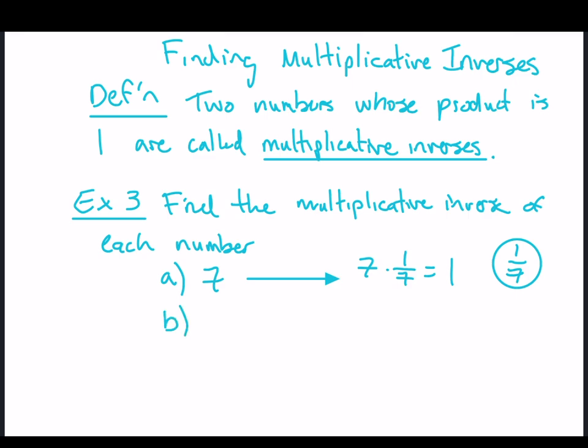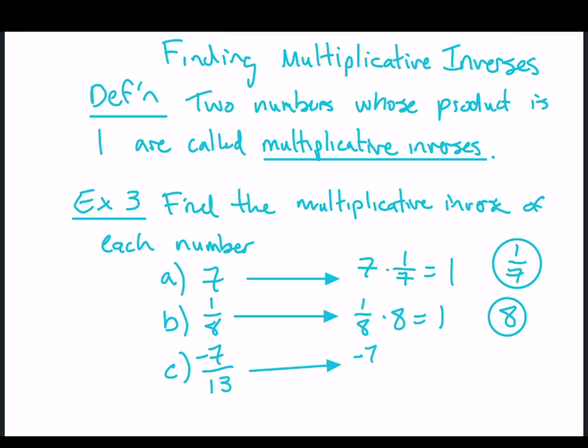Same thing here for 1 over 8. We flip it. So 1 over 8 times what gives us 1? That's equal to 8. So our multiplicative inverse in this case is 8. And one last example, negative 7 over 13.